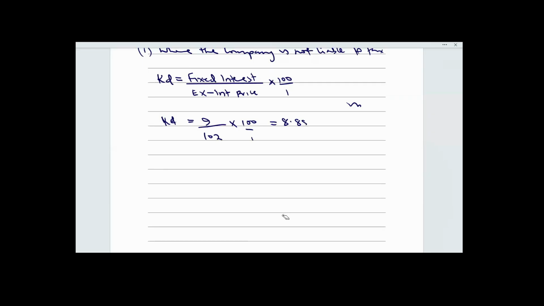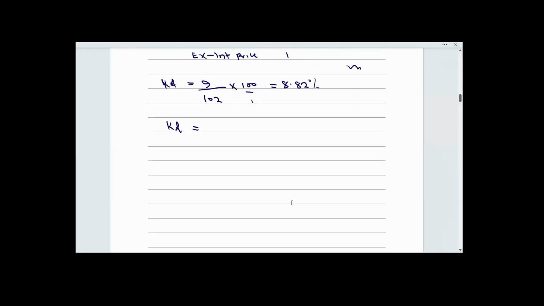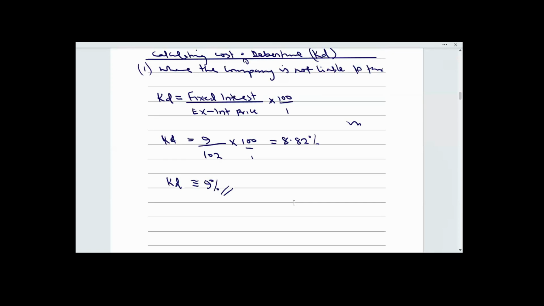So that's approximately 9%. So the cost of irredeemable debenture for Aberdeen PLC is approximately 9%. So this is how to calculate cost of irredeemable debt where there is no tax.